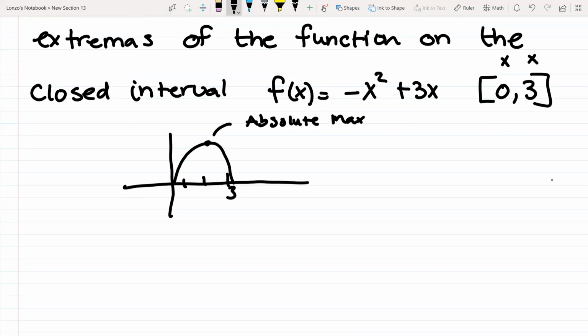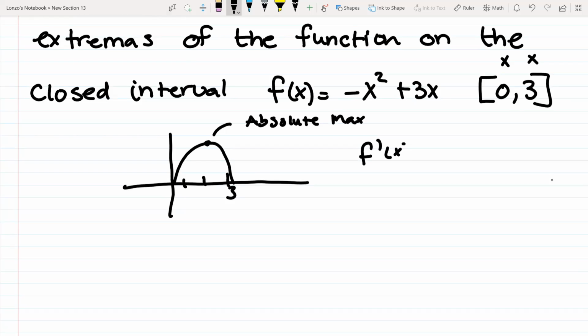Now, how do you find your absolute max? It's slightly different from the local min and local max. You don't have to do the test point method. What you have to do is just like the relative min and relative max: you take the first derivative.